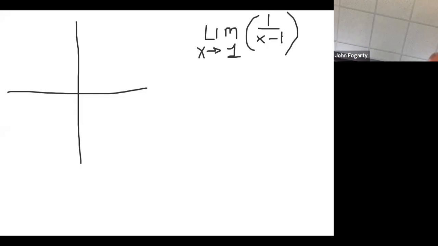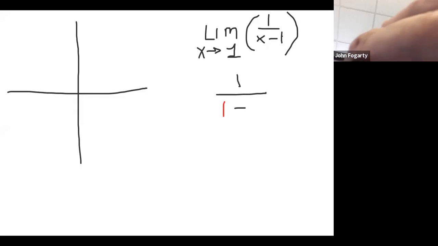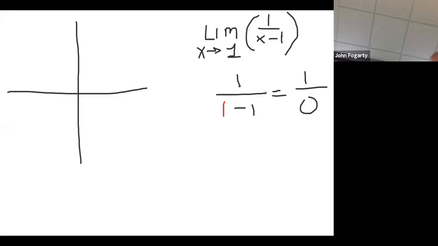All right. Well, if I direct substitute, I'm going to get 1 over 1 minus 1. So what do I get? I got 1 over 0. So now that I see 1 over 0, I'm pretty confident that I'm going to have an asymptote. Now, what does that mean?